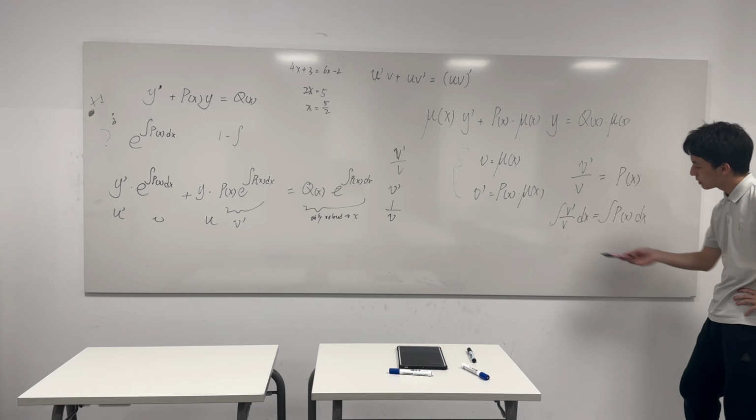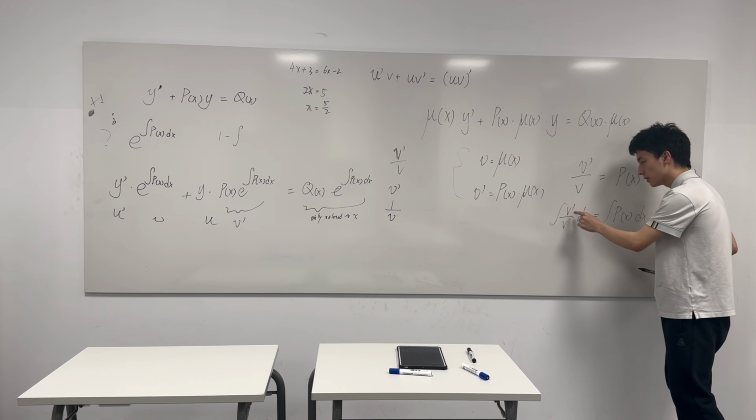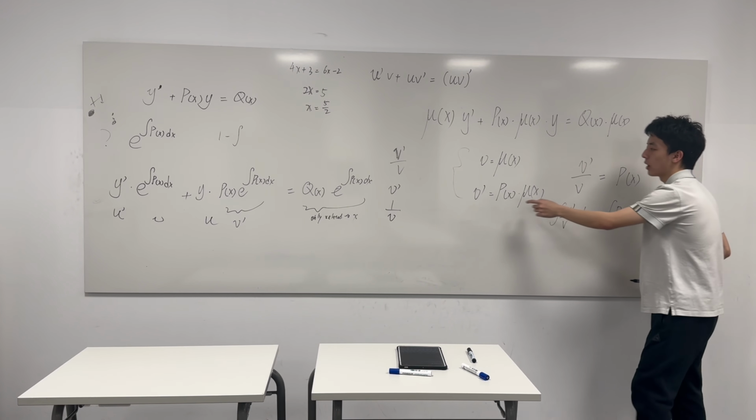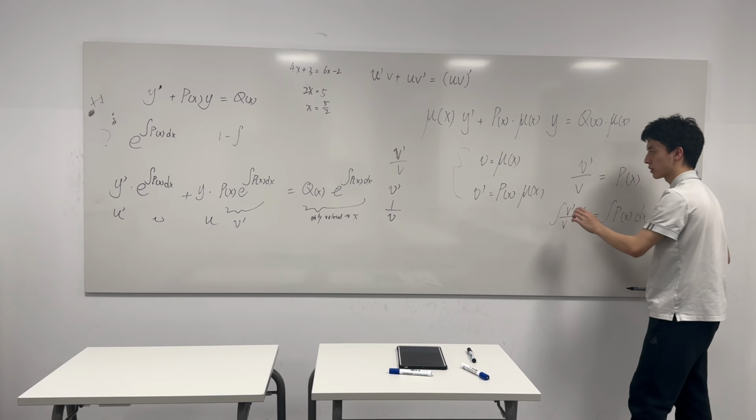You remember, it is v derivative. Obviously v is equal to mu x, which is a function of x.